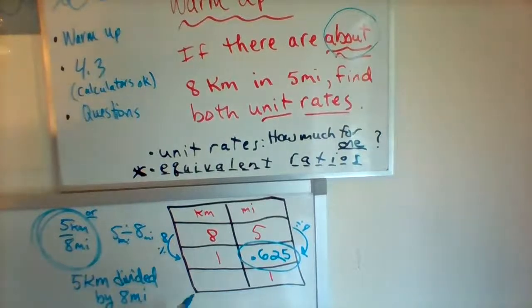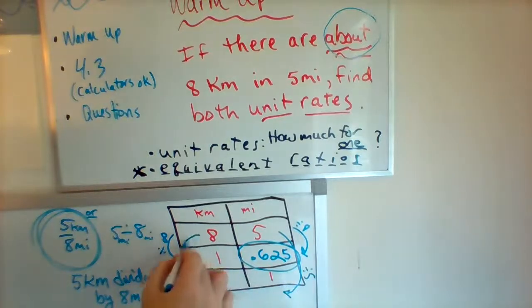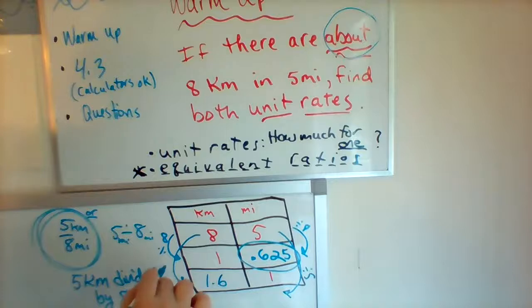Kareem had started off by saying, well, I think that it's 1.6. So let's test it. Let's use the same logic. 5 divided by 5 gives us 1. Does 8 divided by 5 give us 1.6? Let's test it out.